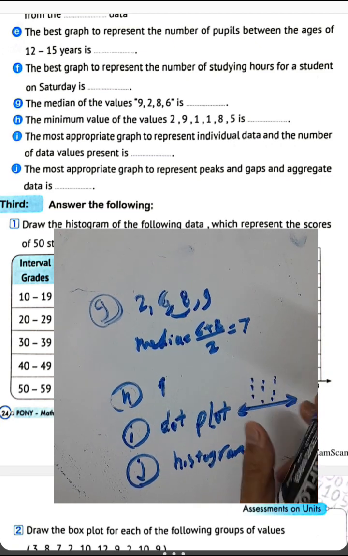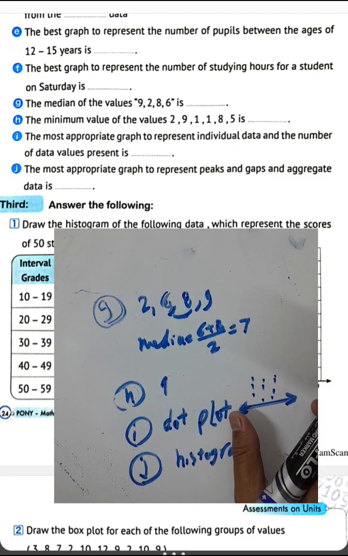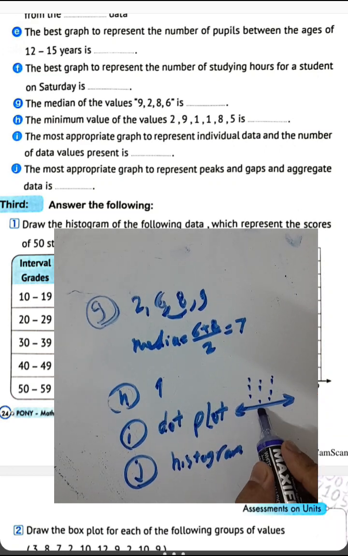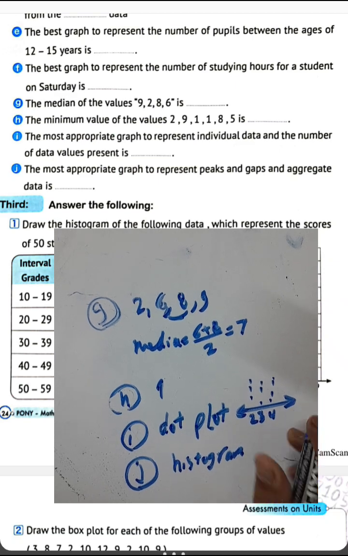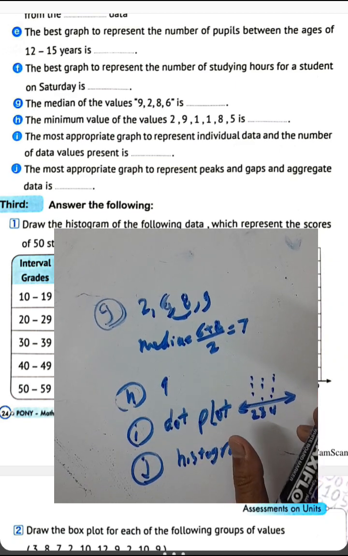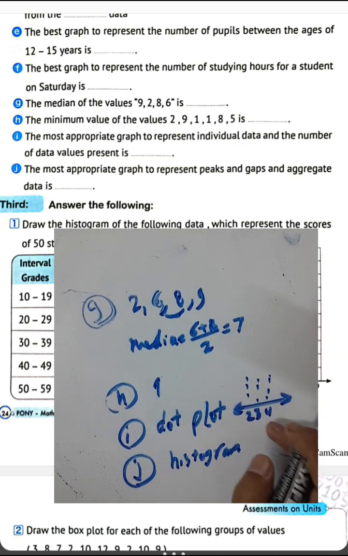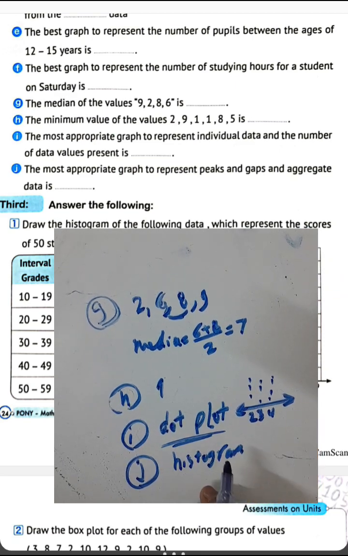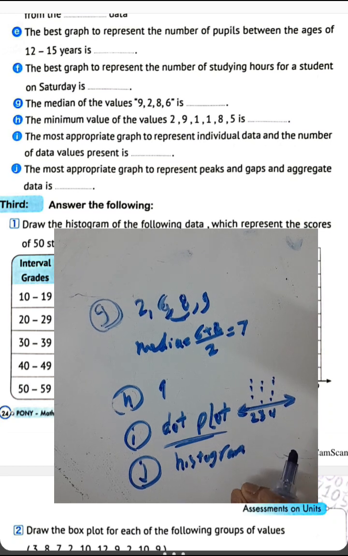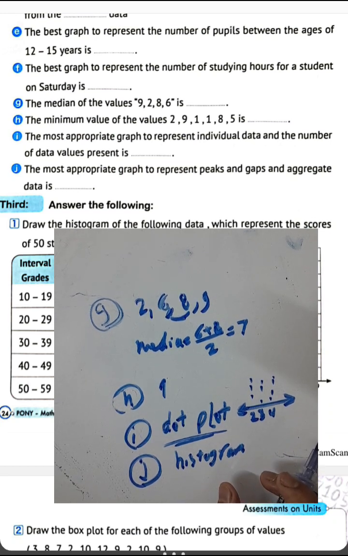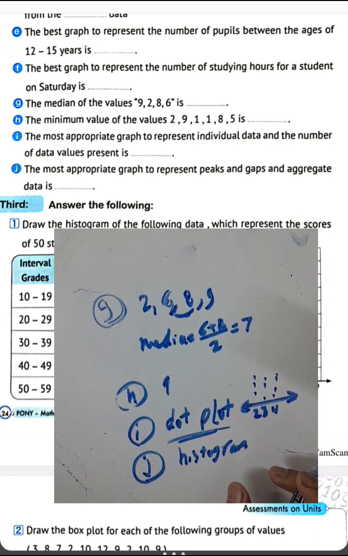The dot plot is the most appropriate graph to represent individual data, such as 1, and here 2, and 3 and 4 and so on. We call it individual data and the number of values. We have right here the values. We use dot plot. But histogram is the most appropriate graph to represent peaks and gaps and aggregate data.